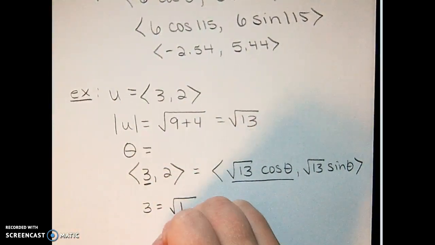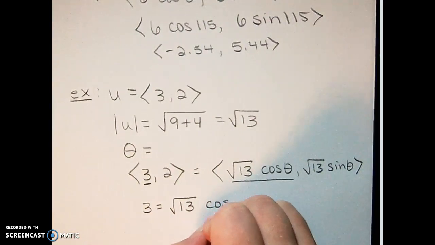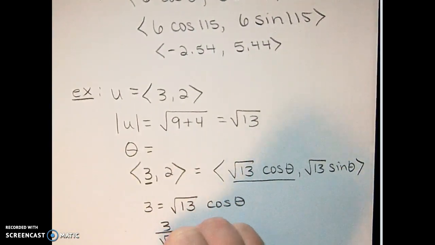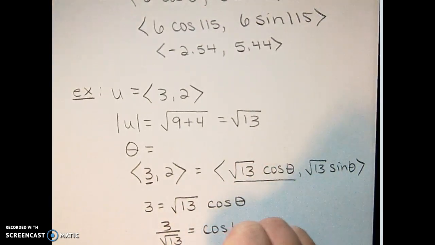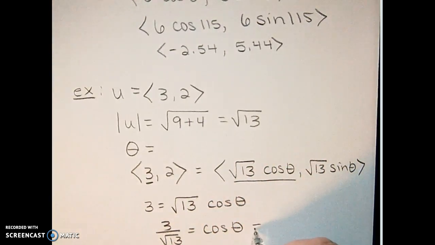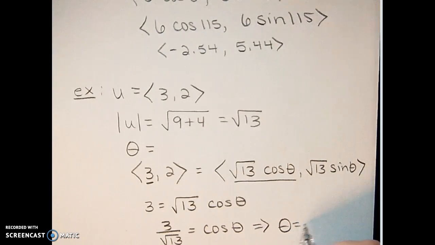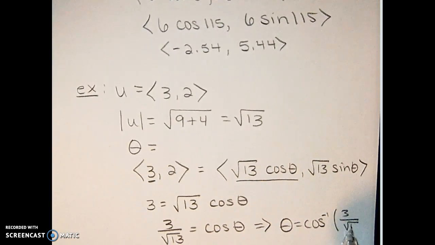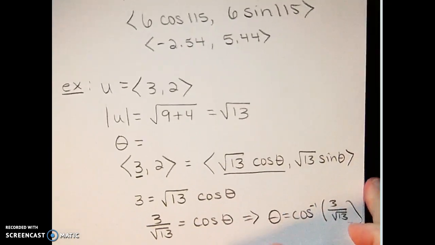So that equals the square root of 13 cosine of theta. So 3 over the square root of 13 is the cosine of theta, which means theta is the cosine inverse of 3 over the square root of 13, which is 33.69.